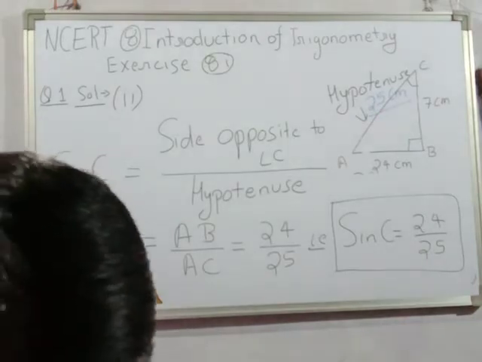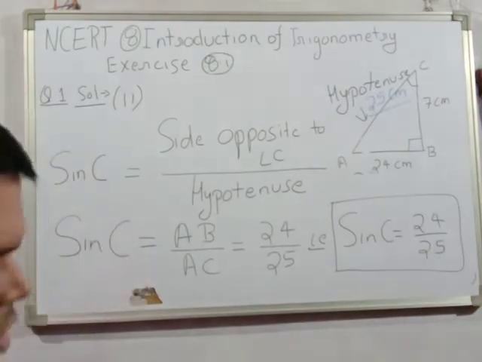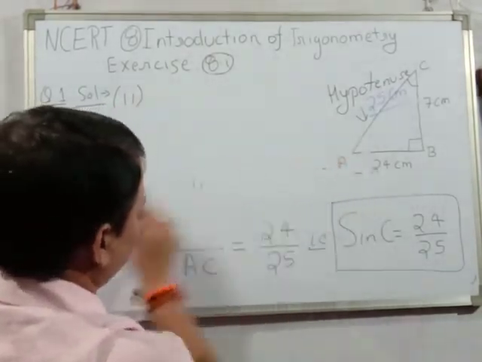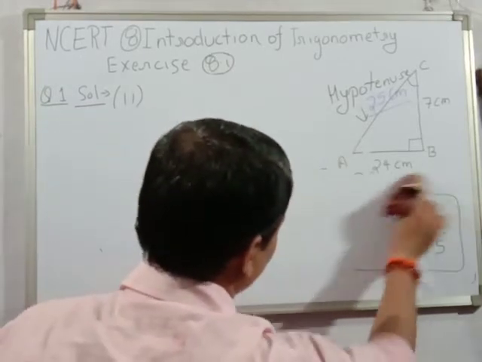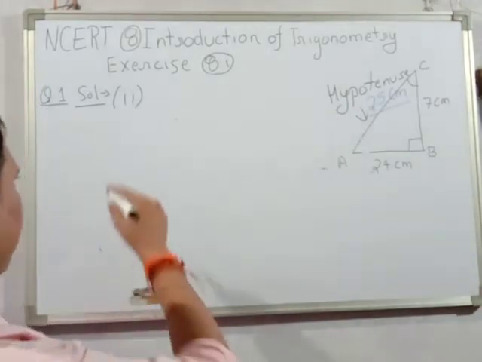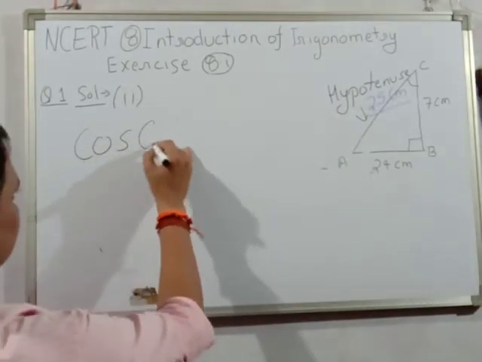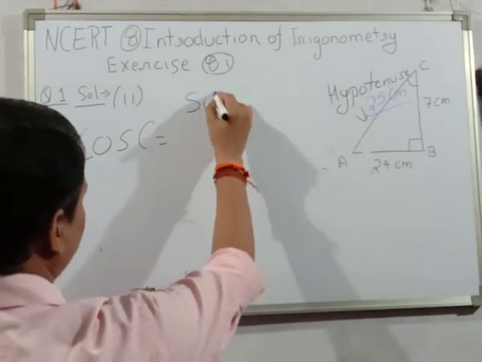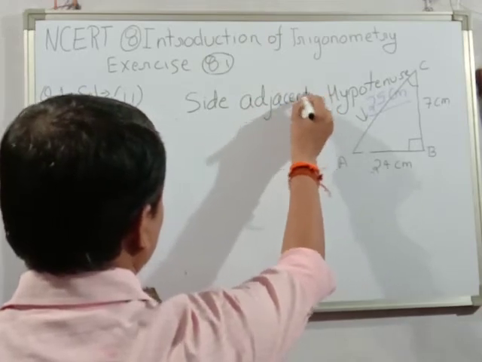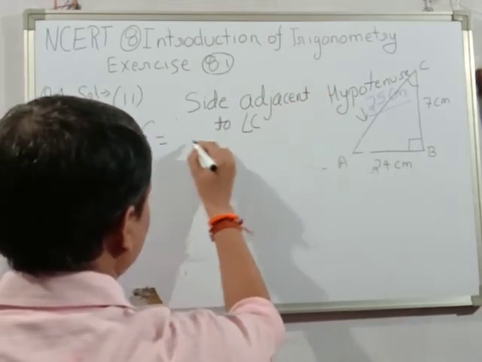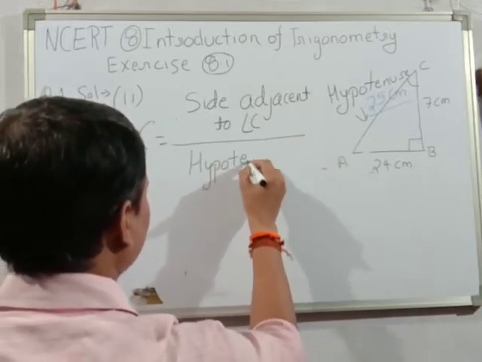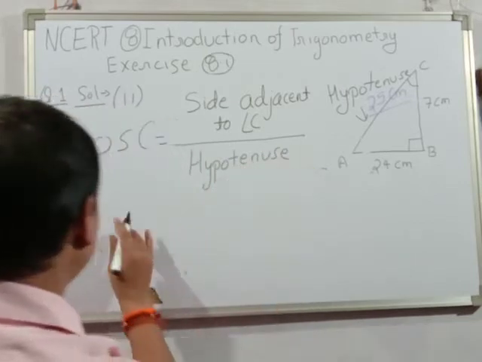And cos C is side adjacent to angle C upon hypotenuse.